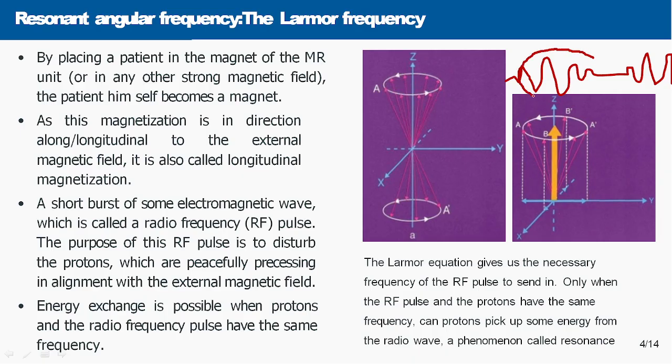When this RF pulse is applied, what happens? Some of these protons, or magnetic dipoles, will align themselves in different directions. Some will fall in this direction, some in that direction. So what will happen?